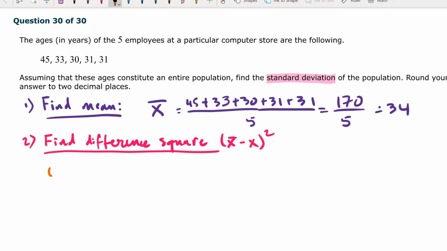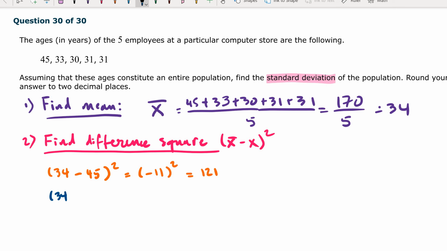We take the mean, 34, minus each element. 34 minus the first element, 45, is negative 11, squared. That gives you 121. You repeat that for every single number.